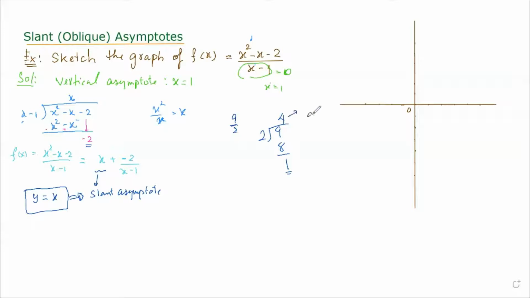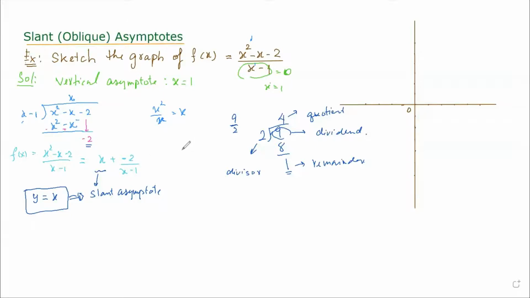This 4 we call the quotient, the number 1 is the remainder, the number 2 is the divisor, and the number 9 is the dividend. These are technical terms in mathematics you must know, since I think you learned them in grade 7: dividend, divisor, quotient, remainder.